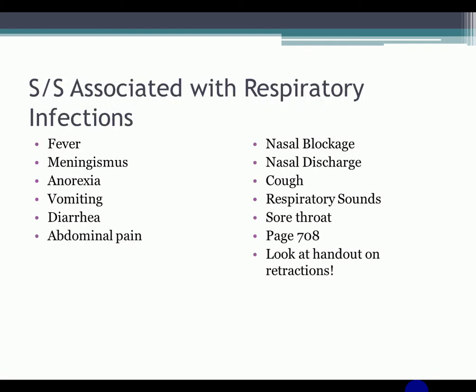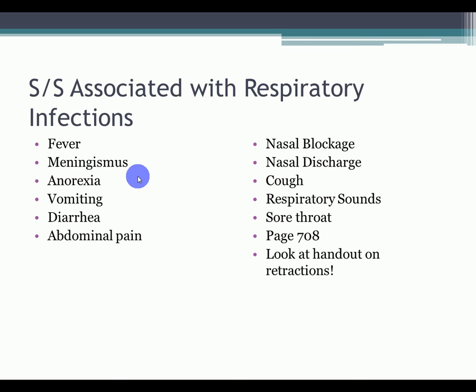All right, the signs and symptoms associated with respiratory infections. You can see there's several here. They're also listed in your book in Chapter 23 on page 708. Anything from fever to meningitis, and that may be the one that you're not as familiar with, and we'll go over that in just a minute. It's kind of like a pseudo meningitis or a false meningitis.